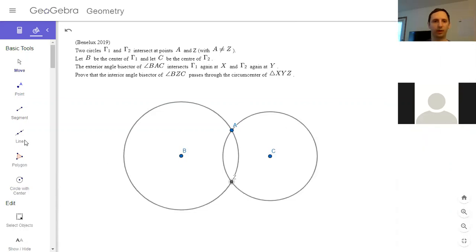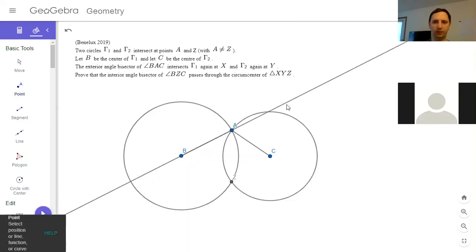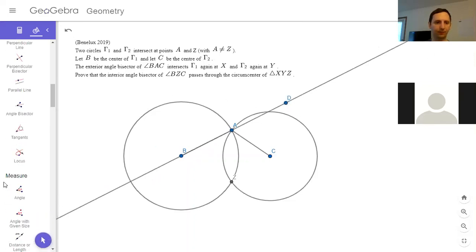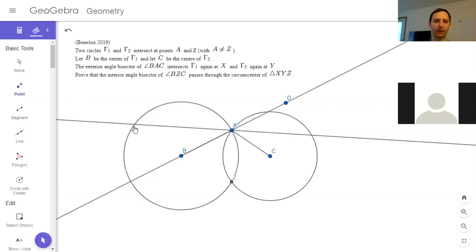All right. Then we take the exterior angle bisector of BAC. I could draw it like this, I guess. So obviously the exterior angle bisector is perpendicular to the interior angle bisector.